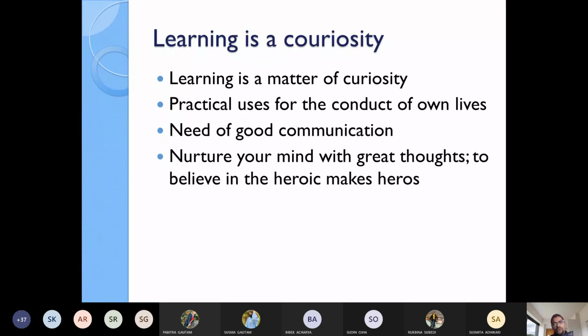Practical uses for the conduct of our own lives. We need to have good communication. Nurture your mind with great thoughts. To believe in the heroic makes heroes. Heroic means great jobs, great deeds. This is what we need to think of.